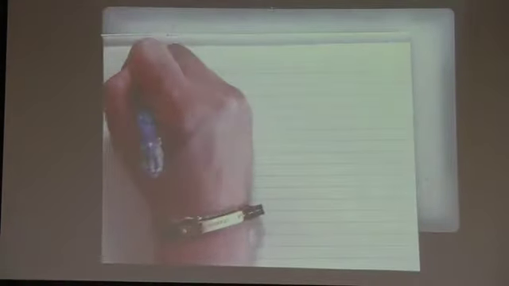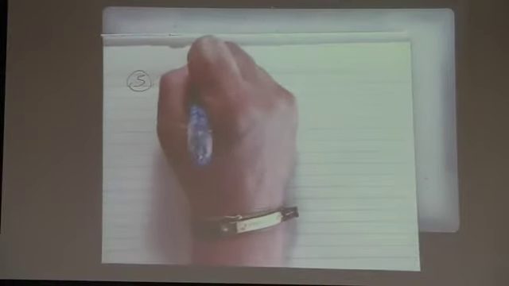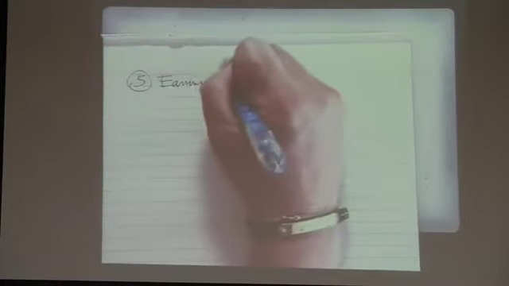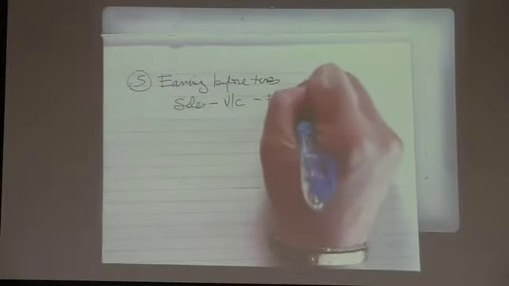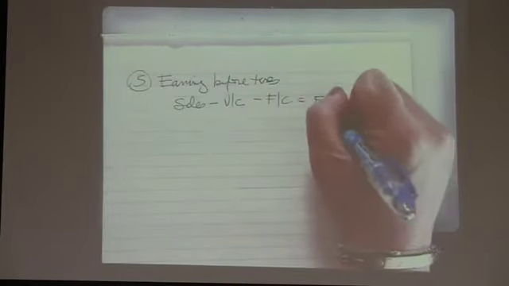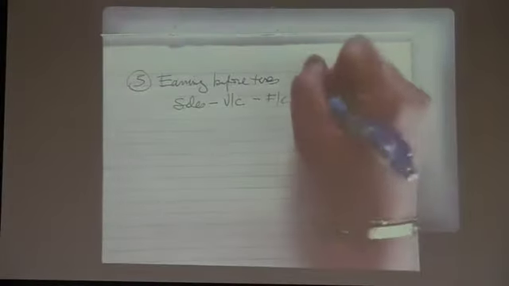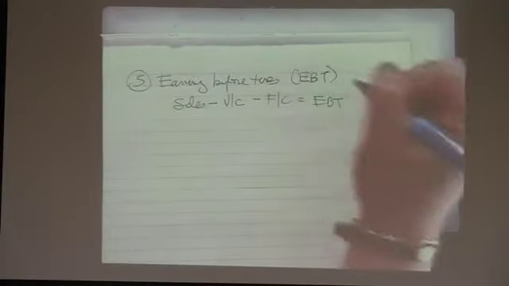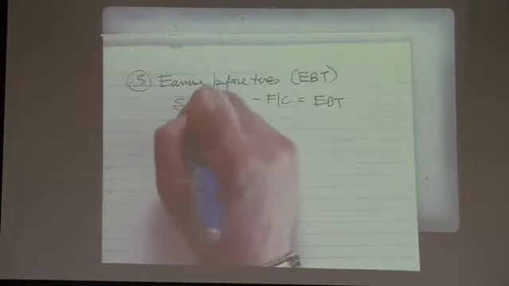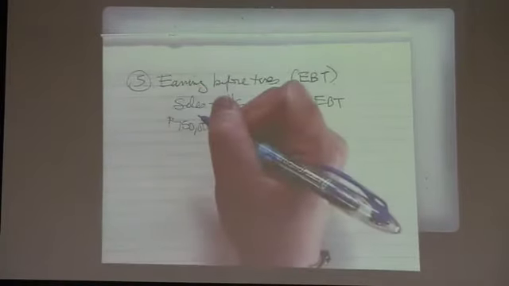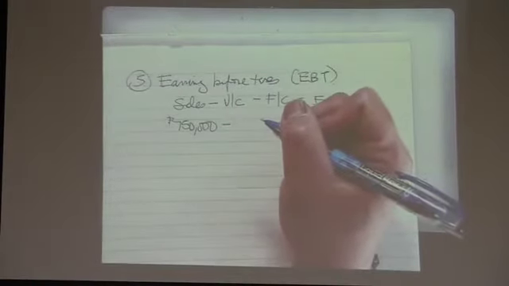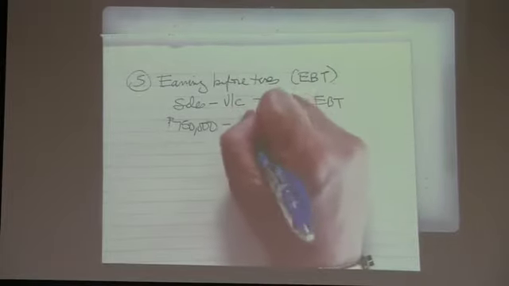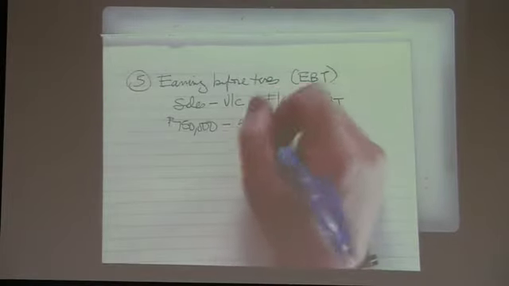So this is part 5. Earnings before taxes. We know that sales minus variable cost minus fixed cost gives you EBIT, or EBT, earnings before taxes. Sales, we know it's 750. That's the actual sales. Our total variable cost, we were able to figure out, was 525, and that came from part 2.